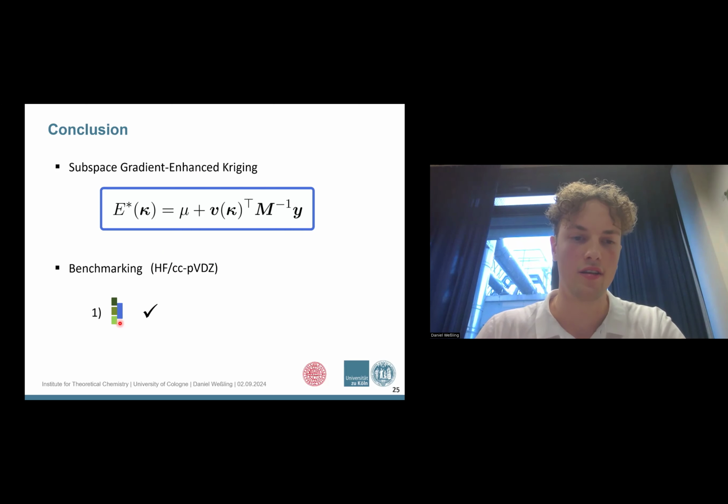But we can argue that the Kriging is not that costly because it has this small subspace. That's why I would say the reduced number of iterations is what is important here.